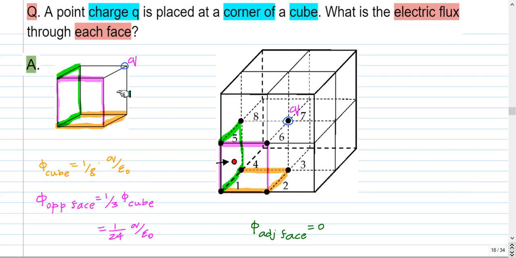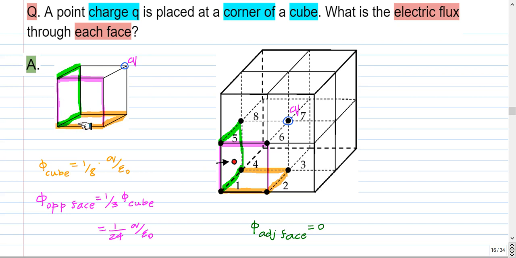And the electric field directions will be radially outward. So on the top surface, the right face, and the behind face, the electric field will graze the surface. It will not cut through them. So the flux through these adjacent faces is 0, but through the opposite faces, highlighted in pink, green, and this orange one, it will cut through them.